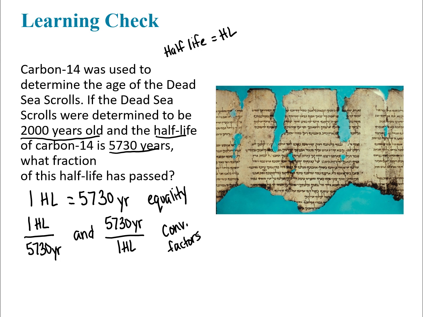We're given that the age of the Dead Sea Scrolls is 2,000 years. And we're asked about the half-life. If I want to figure out the number of half-lives, which conversion factor am I going to use to do that? A or B?